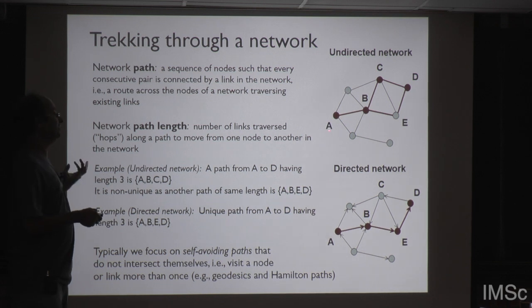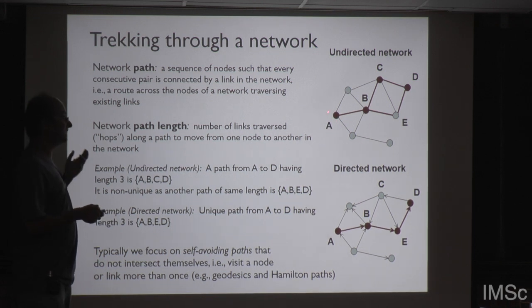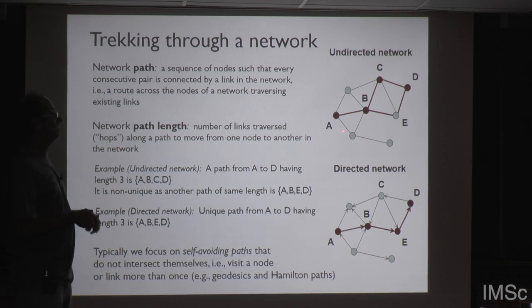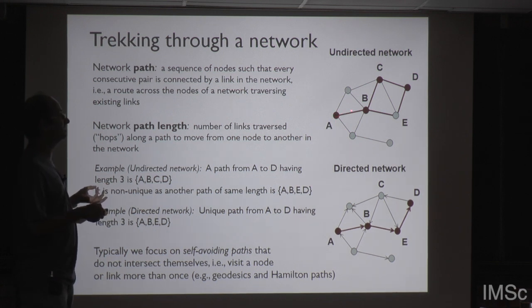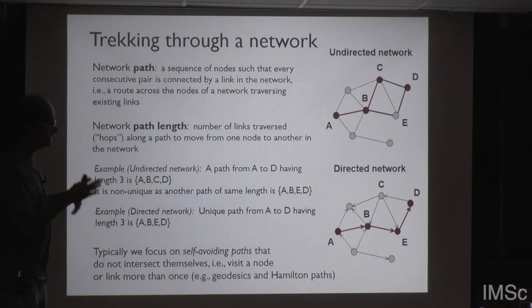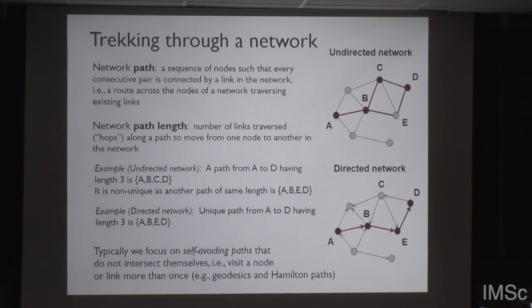Or it could be you are interested to know whether the excitation in one neuron, how quickly can it result in the excitation of another neuron located in a different part of the network. Or if you're interested in things like information, so you could say, suppose I have an information packet that originates here, how quickly can it find its way to a node at a different part of the network? So typically these kinds of questions can be addressed by calculating the path length in the network.